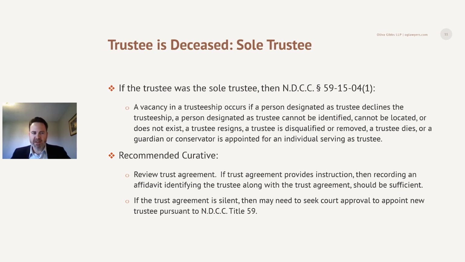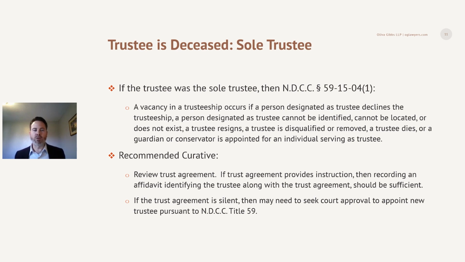So in the event that later assets are discovered, you should be able to obtain a conveyance from the trustee, or if this is something that was way in the past, a successor trustee. So if no trustee is available and that's a later discovered asset, then again, you might have to seek court assistance to help get that interest out of the trust.